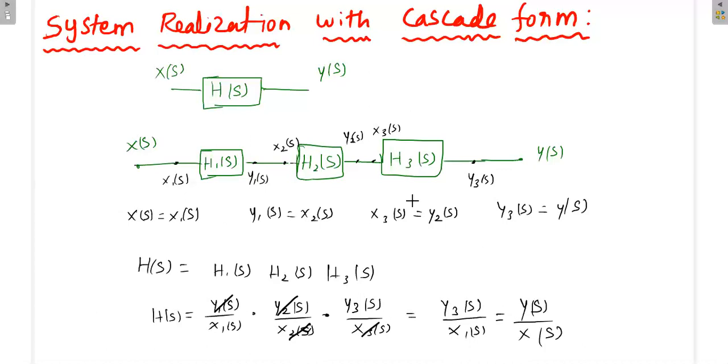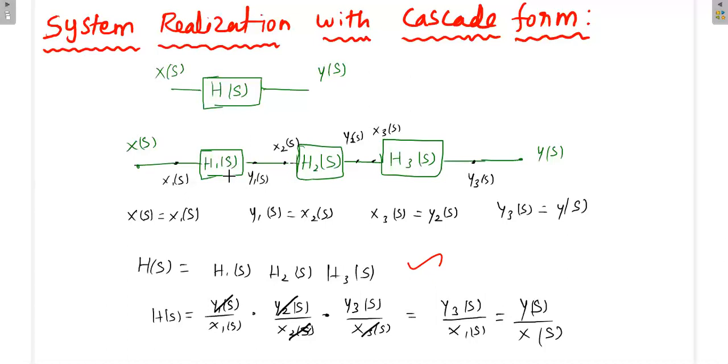In general we will be given H(s), and we have to modify that transfer function in such a way that we get H1(s), H2(s), and H3(s) separately.